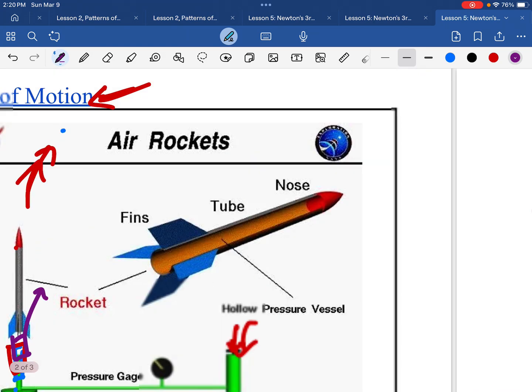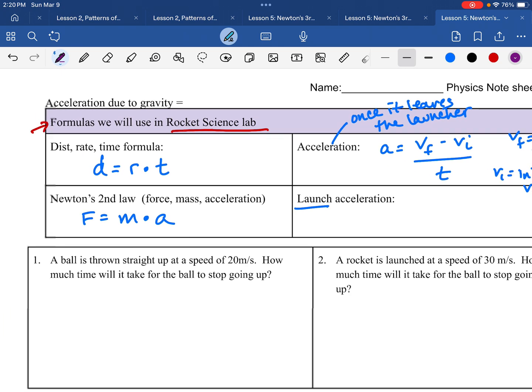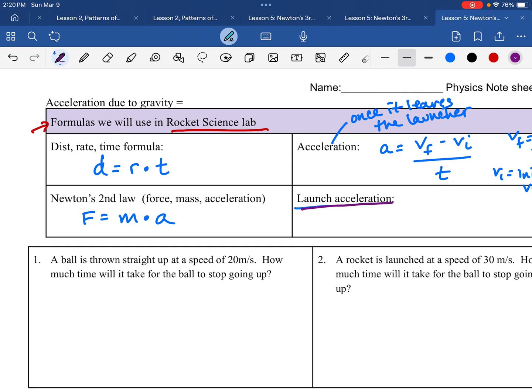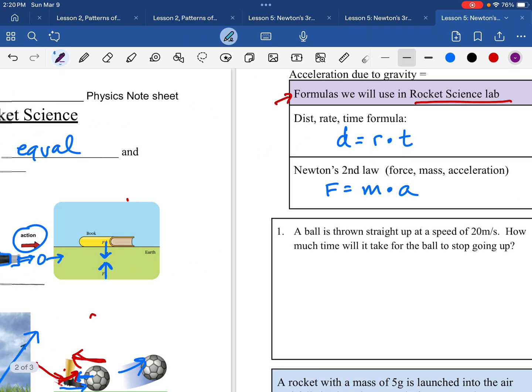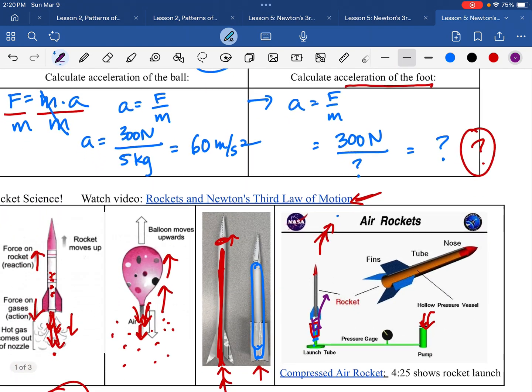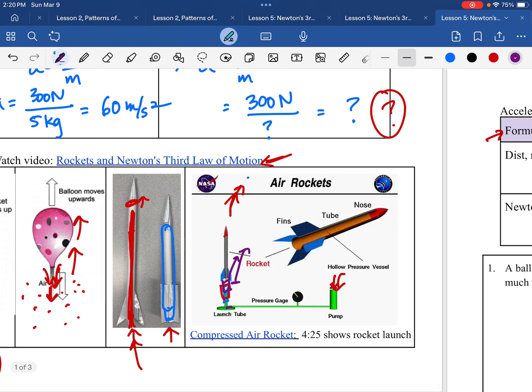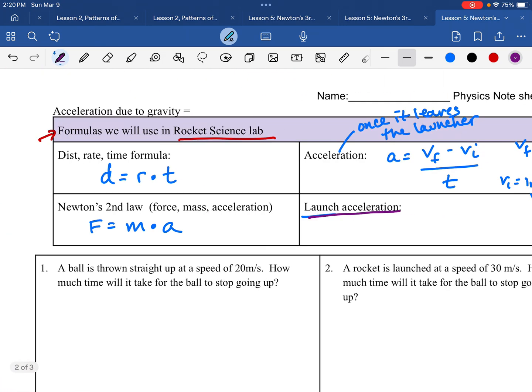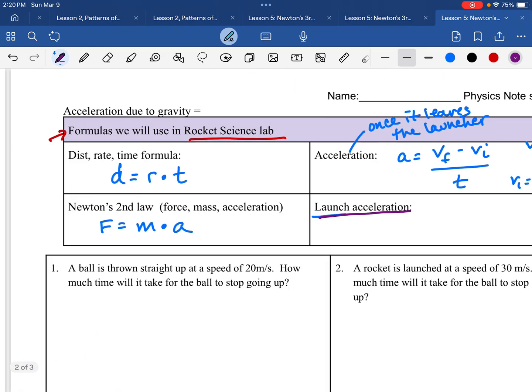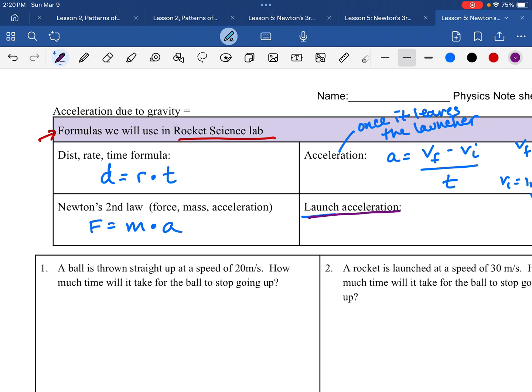But what we're calculating here, the launch acceleration, is how long it takes for that rocket paper tube to go from being all the way over the launch tube, the PVC pipe, to being right at the top, right? So it's going to take longer for longer rockets that have longer tubes.